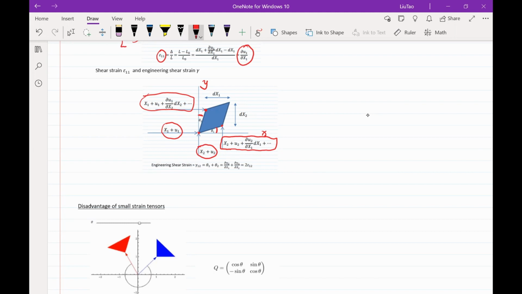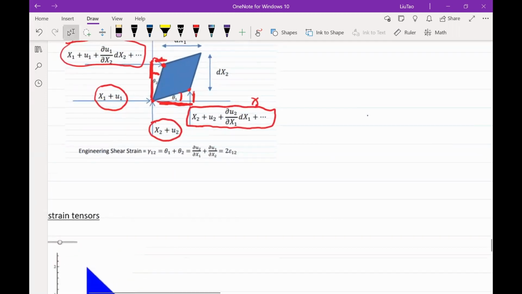Then if we calculate this small piece with respect to this, it is equal to theta 2. And this divided by the length of the element is theta 1.